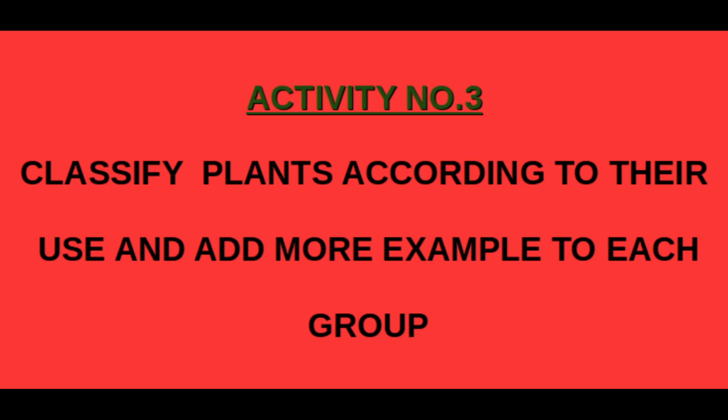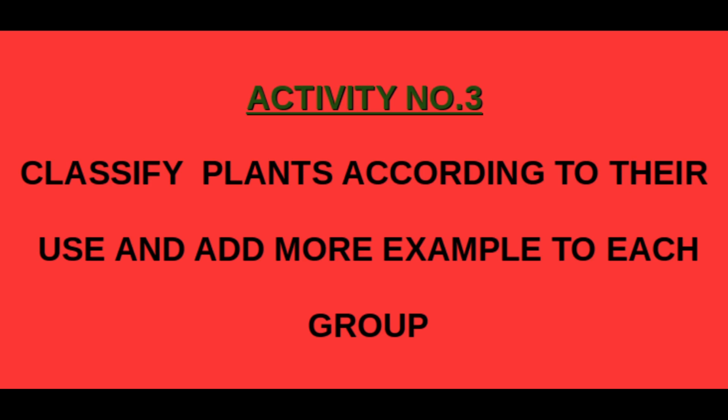Uses of plants may vary as edible plants, ornamental plants, spices, medicinal plants, etc. And the next column has its examples. That is, edible plants include all vegetables, like that. Okay, so you may complete the table.